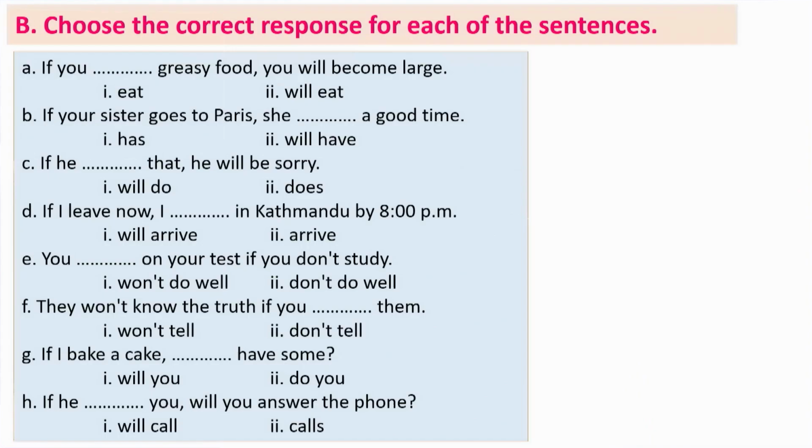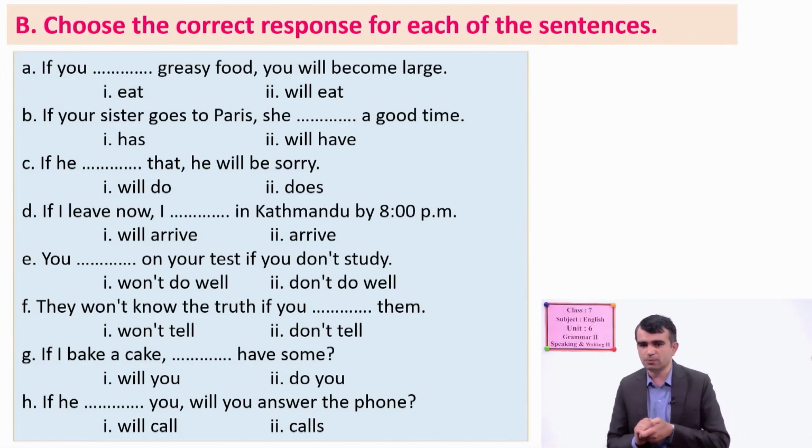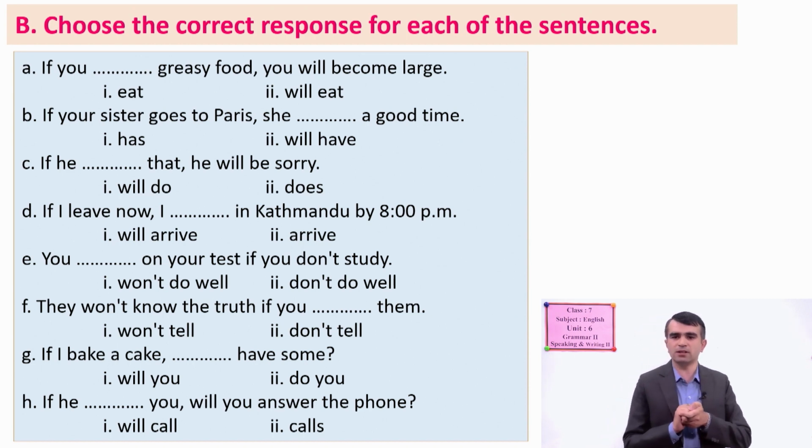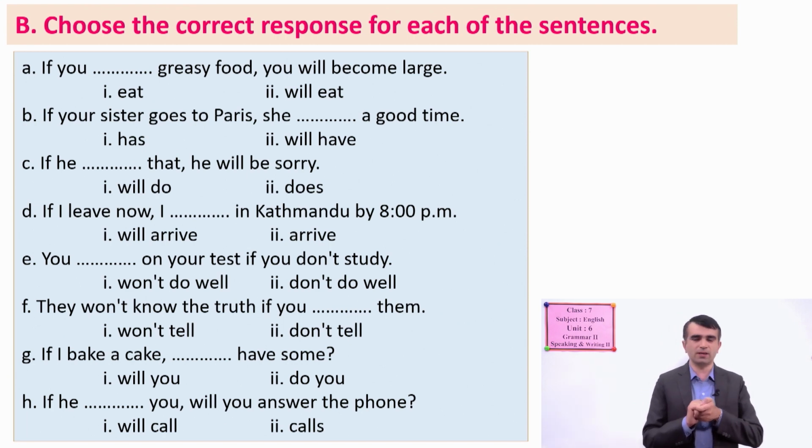Well, now there in your book in activity B, this is given, isn't it? Choose the correct response for each of the sentences. Now you can do it very well.